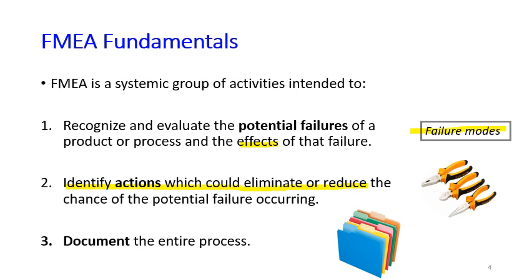And then finally, we document the entire process such that in the future, if we are trying, let's say, to improve this product to the next generation, we have the documents about this entire process of identifying the potential failures and the possible actions that we have taken for this generation of the product.